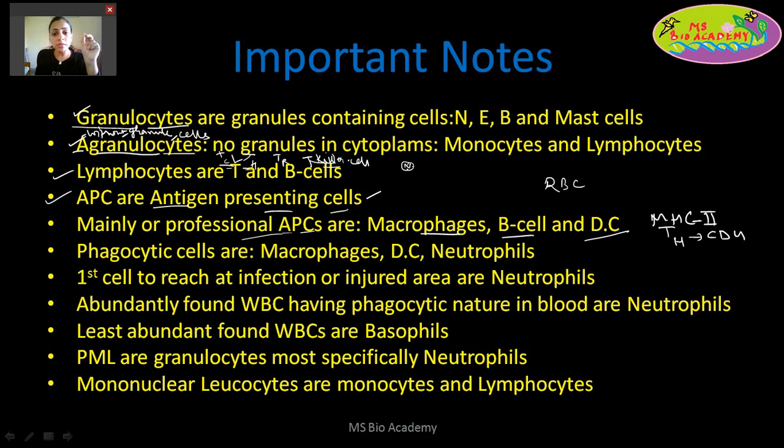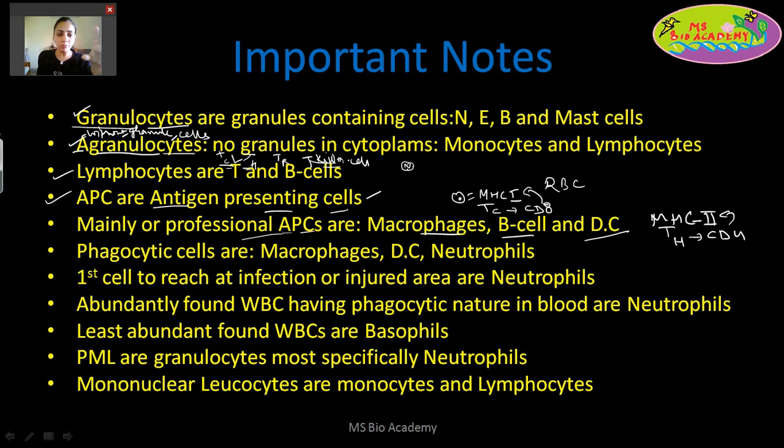The rest of the nucleated cells can also present the antigen, but they present it by means of MHC class 1 molecule. And MHC class 1 is recognized by the cytotoxic T cells because they have the co-receptor CD8. So CD8 generally recognizes MHC class 1 and CD4 recognizes class 2.